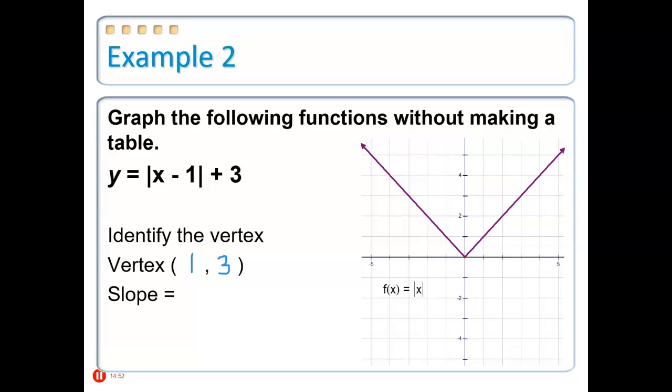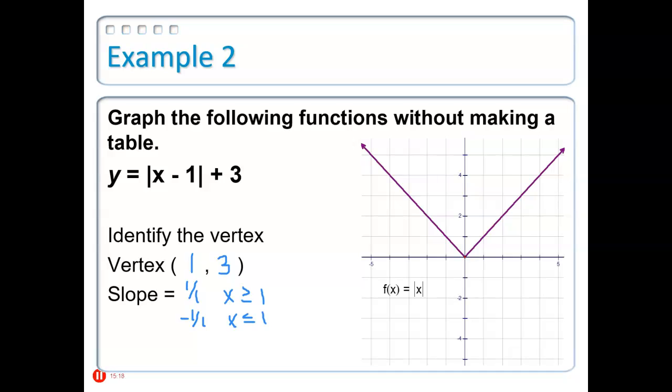So my slope is 1 over 1 for x values greater than or equal to 1, and it will be negative 1 over 1 for x values less than or equal to 1. We don't really care which one includes the equal, because at 1 the slope is really kind of changing.